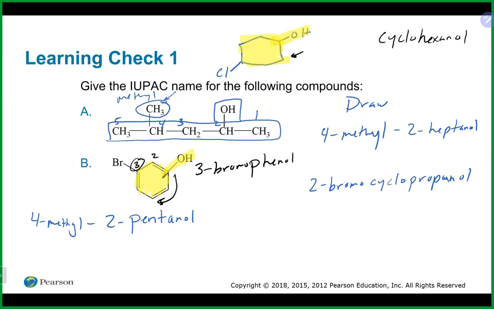This means that where that OH group is, that's going to be carbon number 1. And in this particular case, it doesn't really matter which way you go. If you go counterclockwise, that is 4. If you went clockwise, that is 4. So it doesn't really matter in this case. And that does happen. So that's going to put a 4-chloro cyclohexanol. A question on that one there?